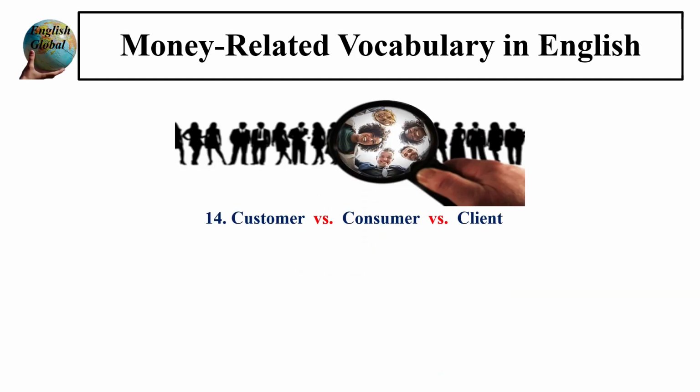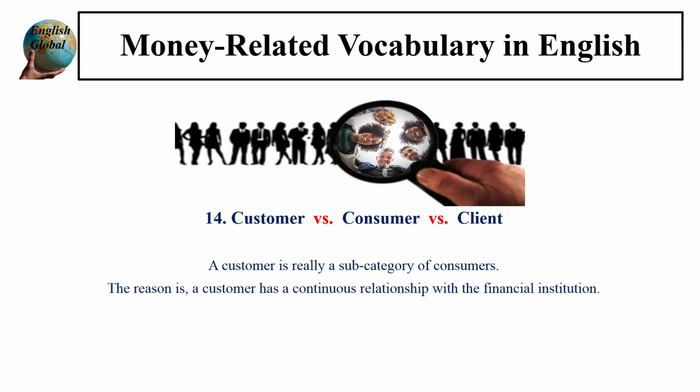What is the difference between a customer, consumer, and client? A customer is really a subcategory of consumers. The reason is a customer has a continuous relationship with the financial institution, for example, a bank. A consumer is not always a customer.